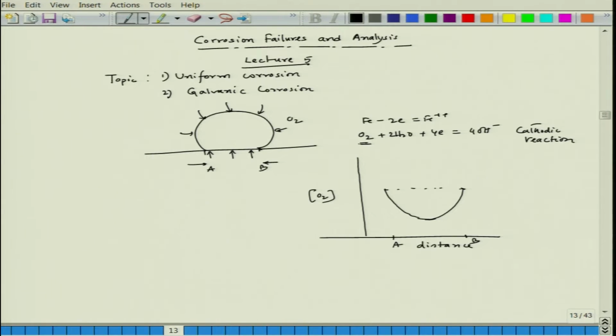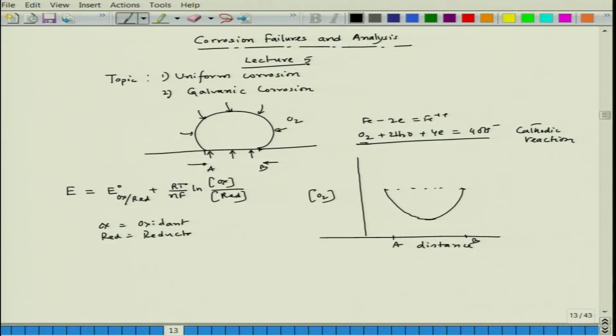Now, if we consider this cathodic reaction and look at the Nernst equation for it, the generalized Nernst equation is E equals E naught ox by red plus RT by nF ln of the concentration of ox over the concentration of red, where ox is the oxidant and red is the reductant.